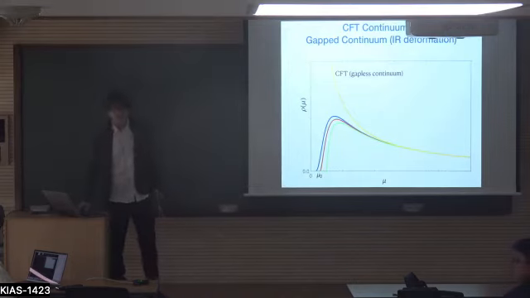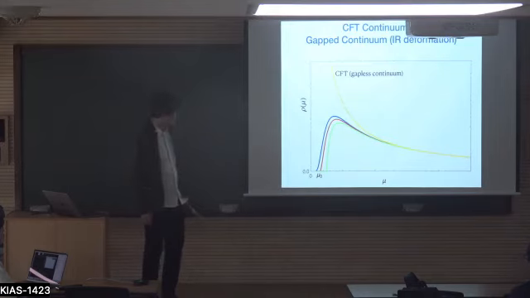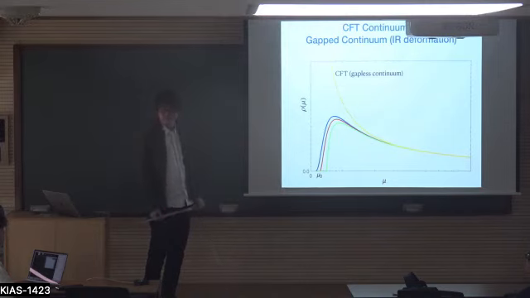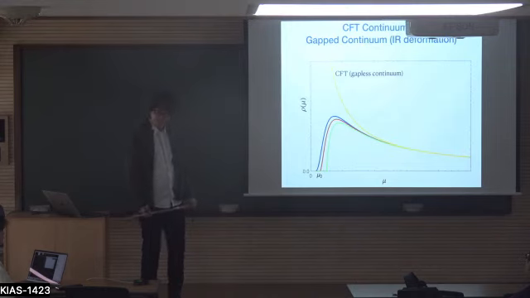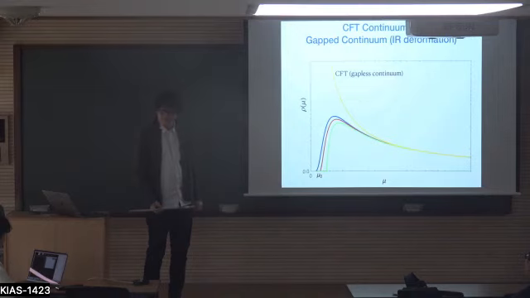Sorry, maybe this is a related question. What happens if we consider a simple scalar theory with quartic interaction? Quartic interaction, yes. In that case, can you show the spectrum? There wouldn't be any mass gap. Mass gap doesn't arise.